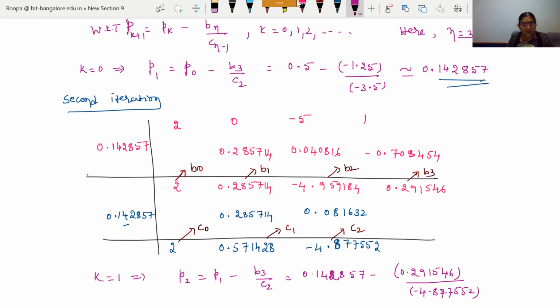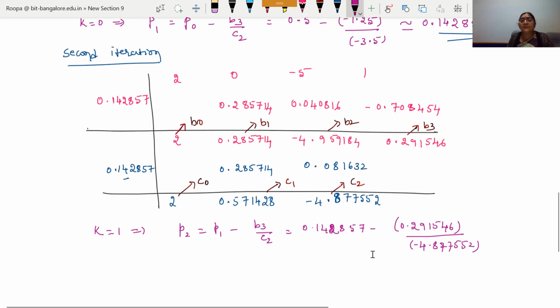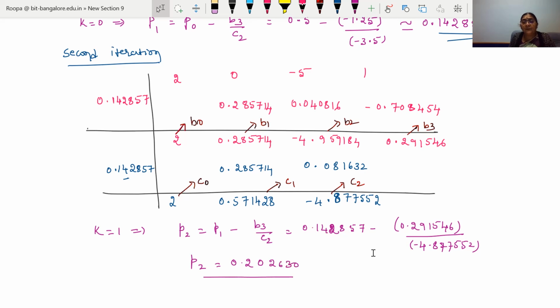Simplify this, now we get P2 by using calculator 0.202630. After the second iteration, this is one of the roots of the given cubic polynomial.